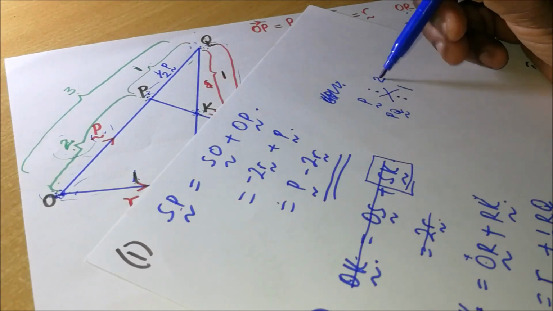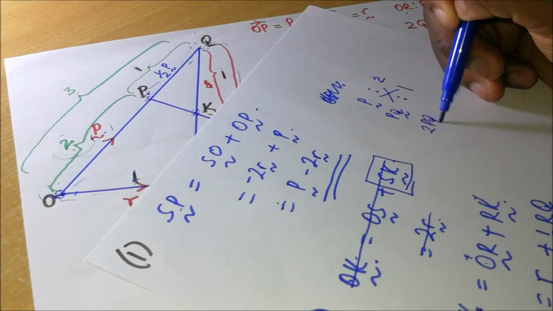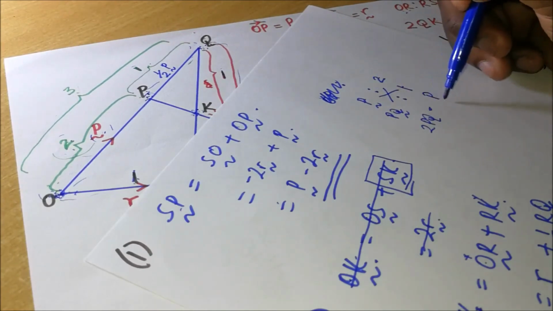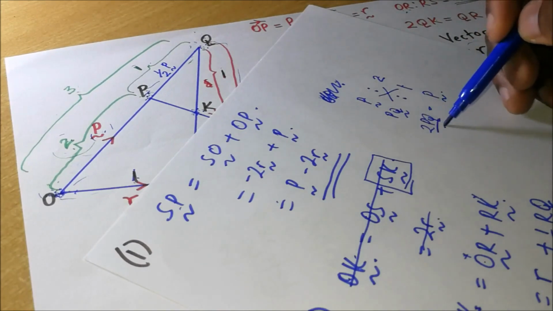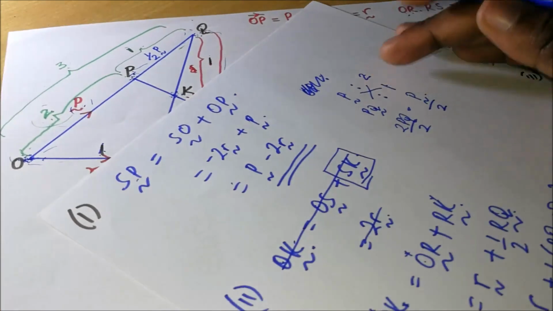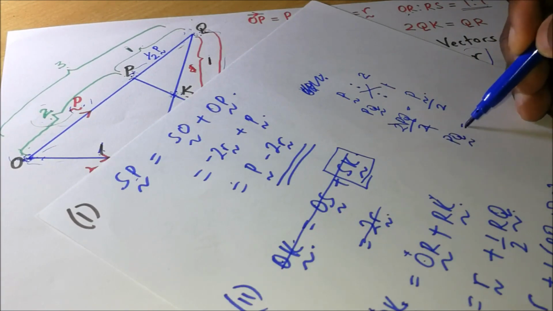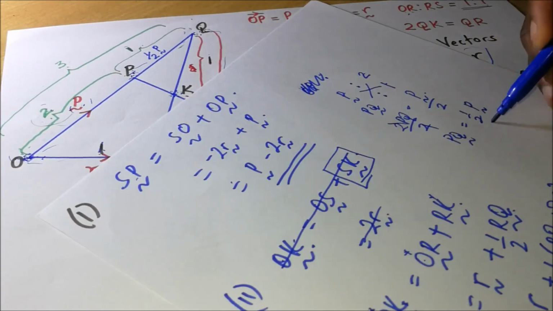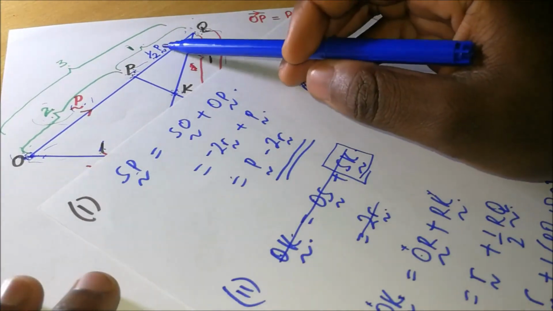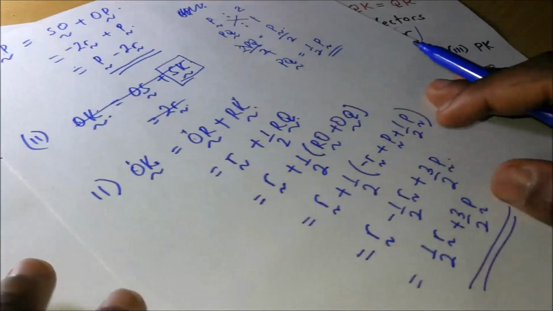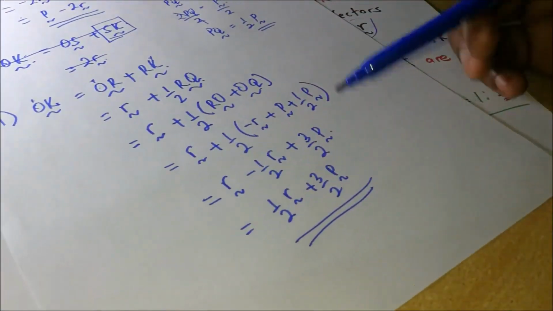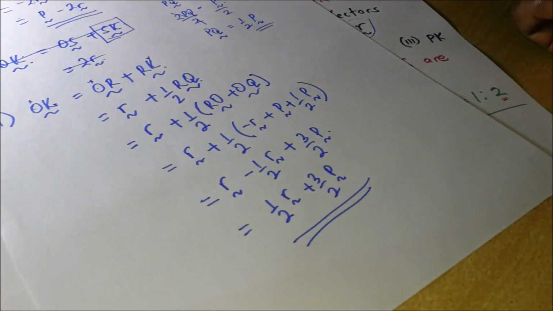When we cross multiply this times that, it becomes 2PQ is equal to this times that, which is P. So when you divide both sides by 2, you end up with PQ as a half P. And that's how we got a half P right there.